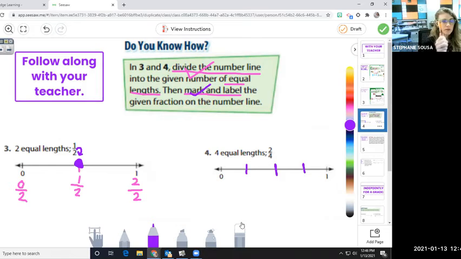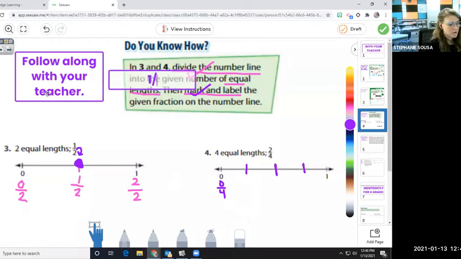Step 1, draw the line. They did that for us. Step 2, draw the partitions. We did that. Step 3, label the fractions. This is 0/4. This is 1/4.